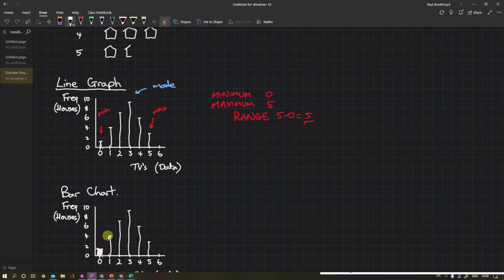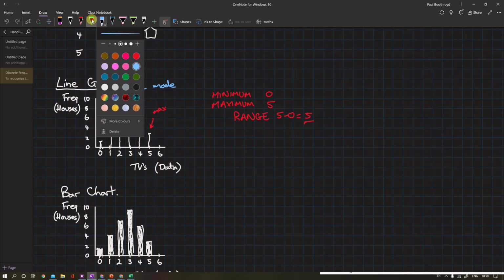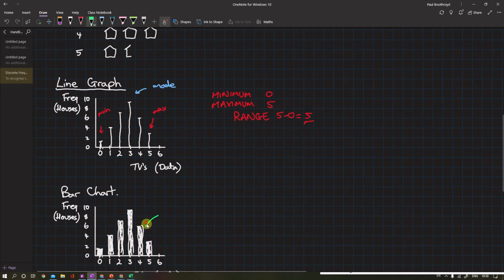Again, we must have this gap, because there is no such thing as a value in between. So there's no such value as 1.5 TVs. So we don't represent values that can't be represented, and that's why the bars never touch. There must be a gap.